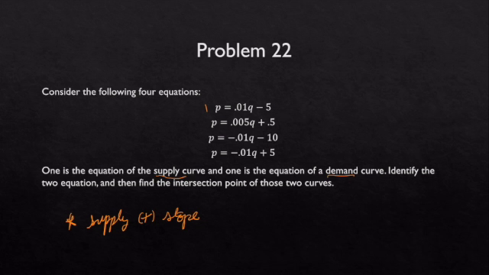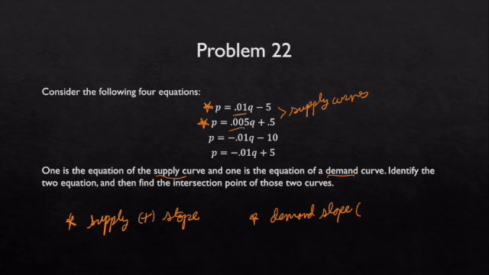I also know that the slope of a demand curve is going to be negative. So that would be these 2 right here, right? These are my possible demand curves. So here I have my 2 possible supply curves, and my two possible demand curves.